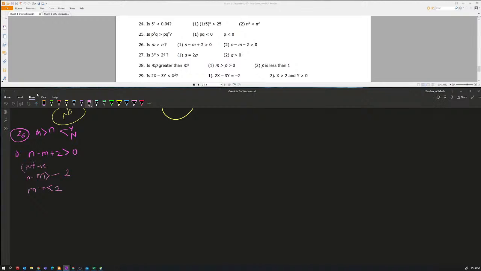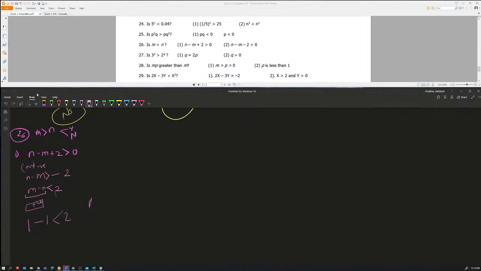So here M is greater than N. So this guy will be positive, but how much positive? Basically if it is less than 2, right? So it could be M is greater than N or could not be, because it could be like 1 minus 1 is less than 2 also, because it is 0.